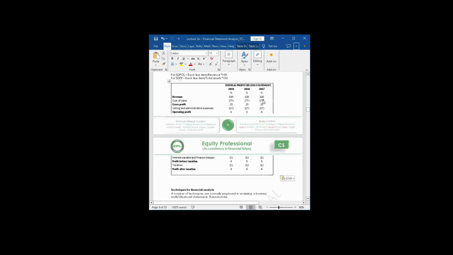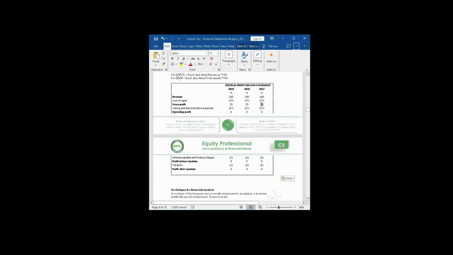It means that for every 100 naira sale made, 77 naira must have been spent on direct cost or cost of sales. That is what it means.